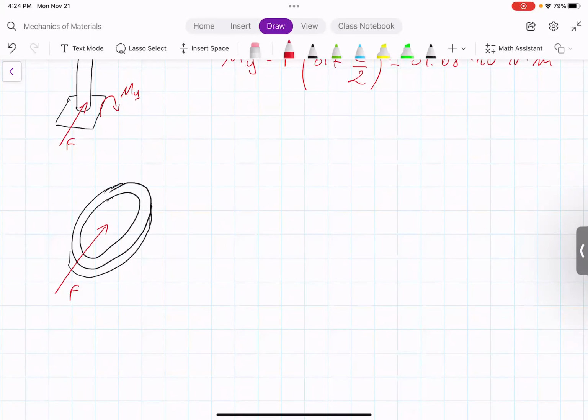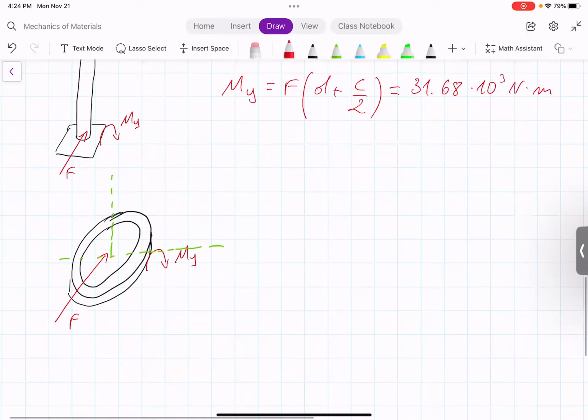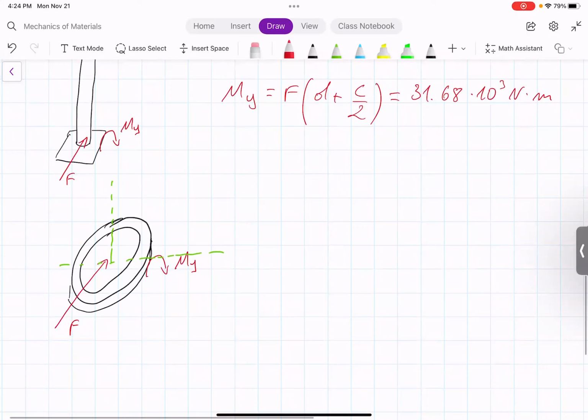Then we have a certain moment acting in this direction, my, and this is a bending moment because it is about an axis that is on the cross section. And then we have the other moment that we called mz, which is this one.